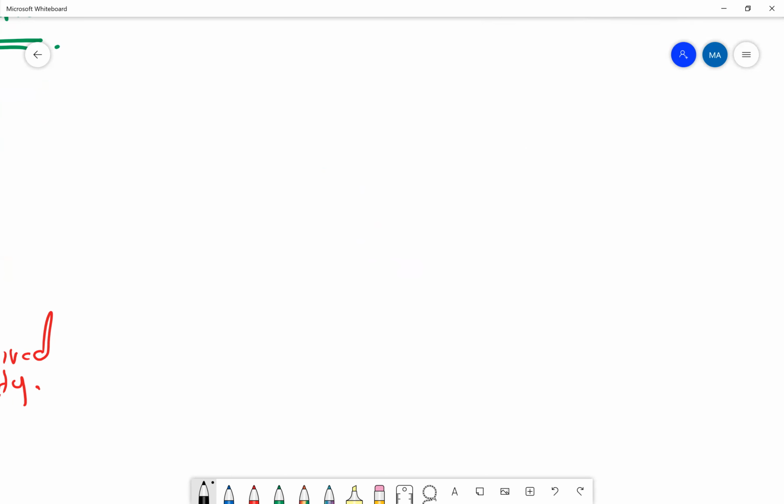Because once you get a strong grip of moles in the AS level, you'll be able to attempt the questions of your second year A2 chemistry as well. Because this is the only time you'll be studying moles in both of these years, right? So just be very vigilant and try to grab every concept. If you get stuck at any point, if you feel confused, just stop me right there, okay? Because it's important for us to understand the concepts here.